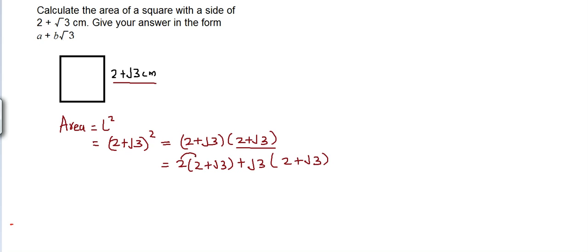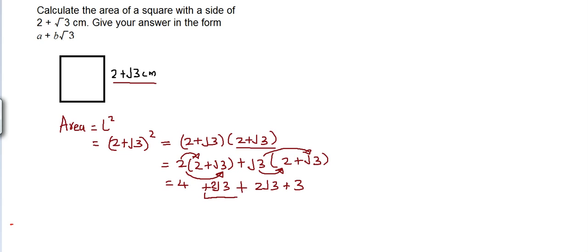Okay, let's expand the bracket. 2 times 2 is 4, and then 2 times root 3 gives me 2 root 3, plus 2 times root 3 gives me 2 root 3, and then root 3 times root 3, like we did in the previous example where root 6 times root 6 gives us 6, so it will be the same here, so plus 3.